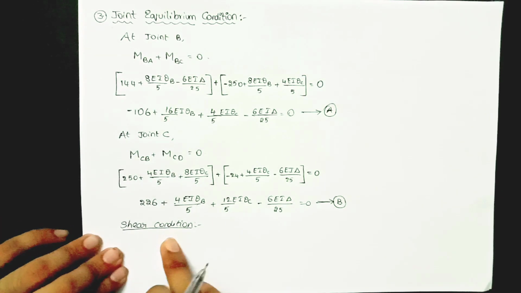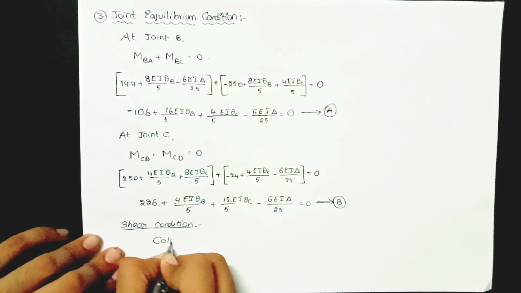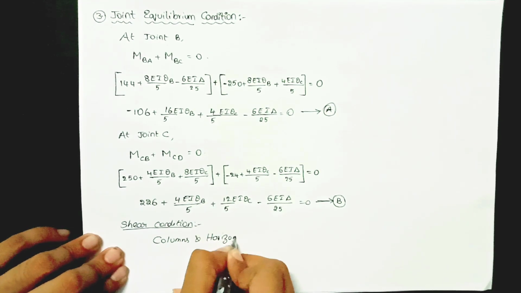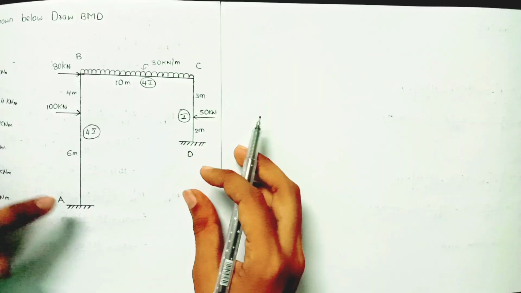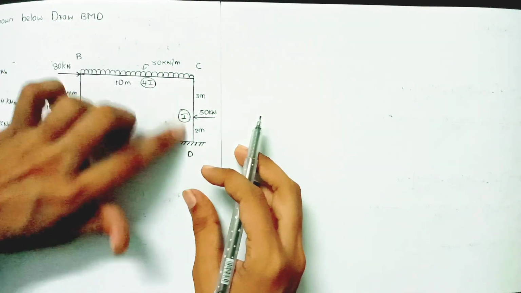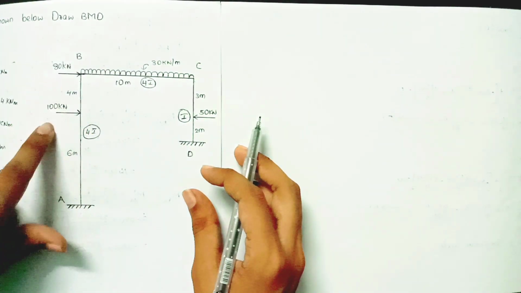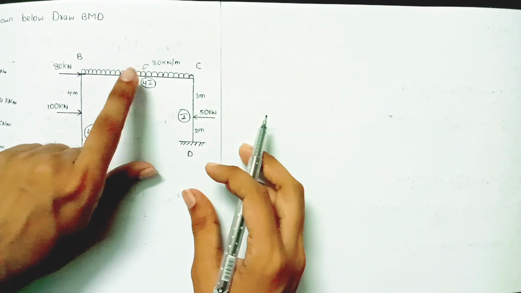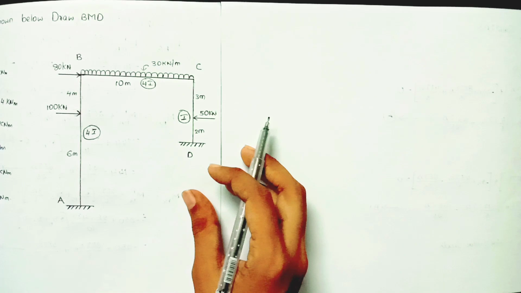This shear condition is mainly applied for columns and horizontal loads. AB and CD are the columns, and these three are the horizontal loads. The UDL is a vertical load, so we don't consider this load while writing the shear equation.